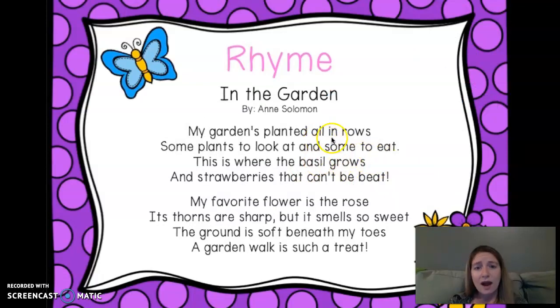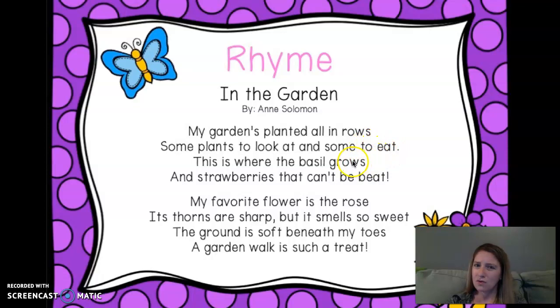So, like I said, rhyming words are found at the end of a line usually, and they have the same ending sound. So, I'm going to look at the end of the line and I see rose, and I'm going to find one that rhymes. So, rose, eat. Nope. Rose, grows. Yeah, that rhymes. Okay, let's go to the next row.